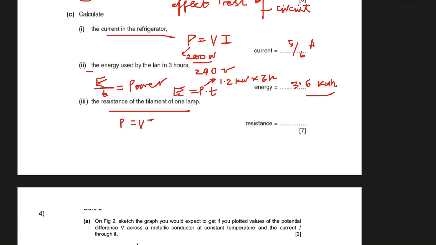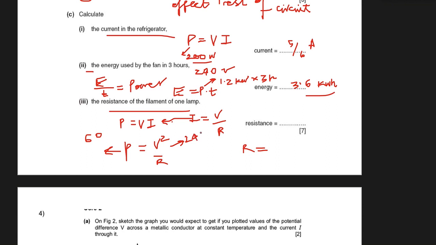So what we will do is, using Ohm's law, I is equal to V by R, substitute it back here, so that we get power is equal to V square by R. And now we know the power of one lamp is 60 watts. So resistance is the only unknown, because voltage we know is also 240 volts.